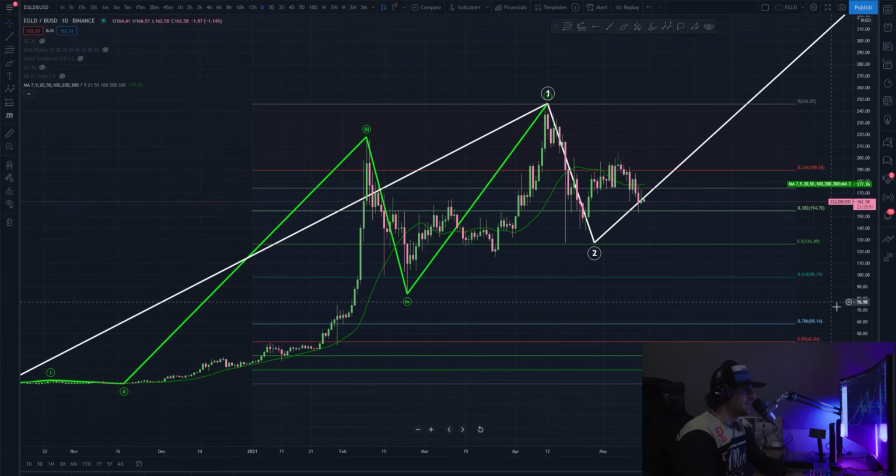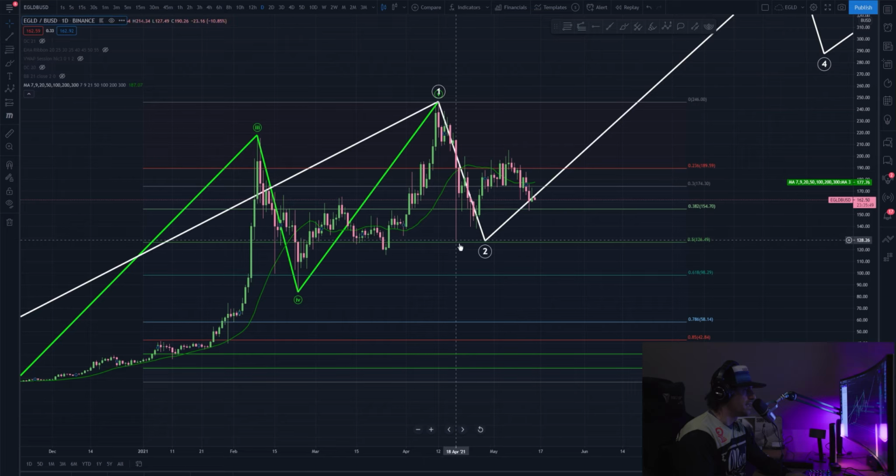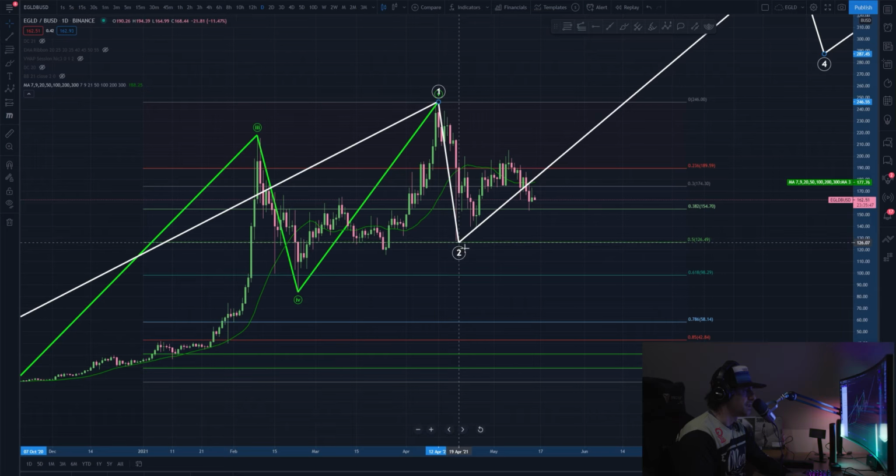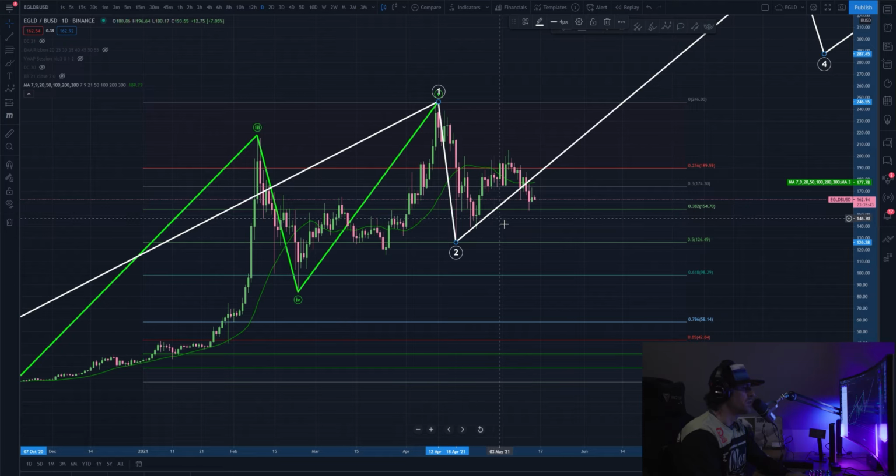And is it also possible that this would be our second wave? But this would surprise me a lot because it is pretty early, and this is looking more like an A wave. This is looking more like a B wave, and it's why I advise everyone here that this was probably a trap.